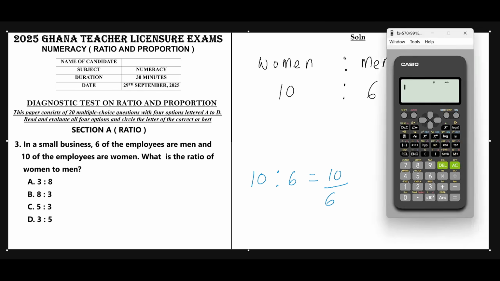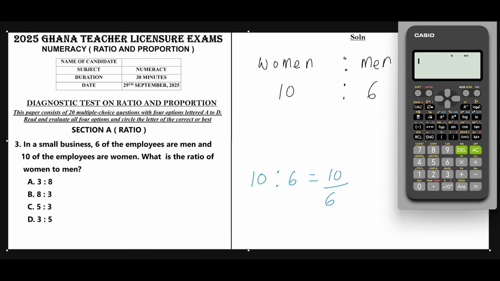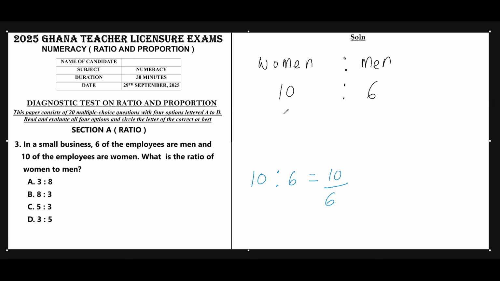We can simply go by the calculator. So we have 10/6. You press the equal sign. So that gives us 5:3. So the right answer is option C.